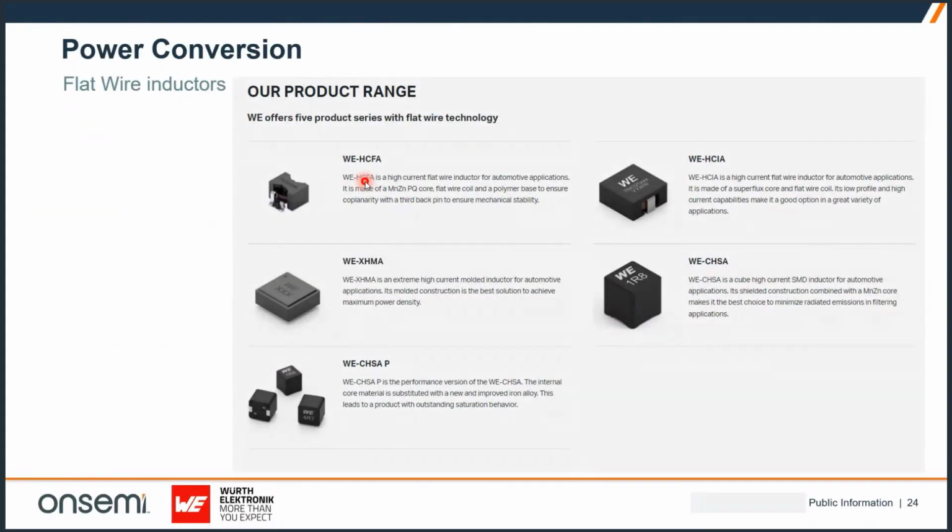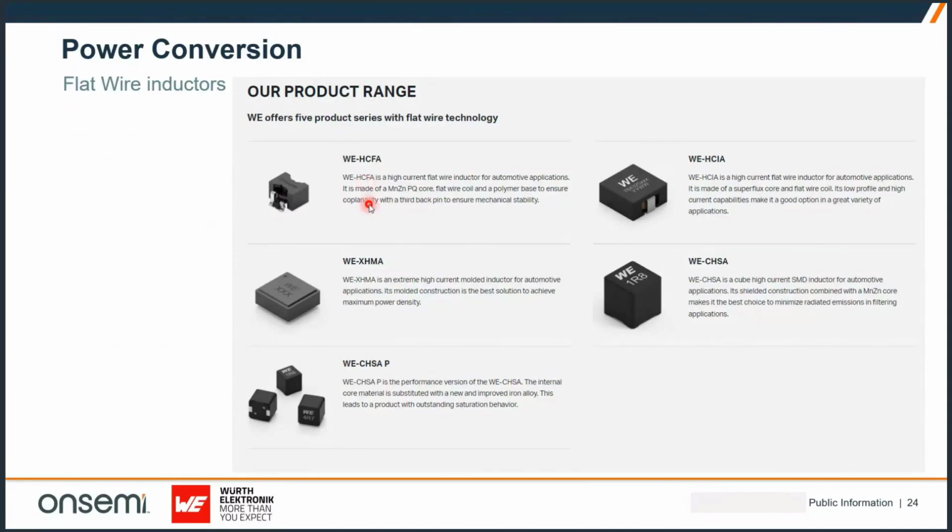For the power conversion, since we were talking also about the 48-volt systems and the need of higher switching frequencies, we have newly in the product portfolio the flat wire inductors. So we have introduced the flat wire inductors into the portfolio because they offer a very good behavior when talking about higher switching frequency using silicon carbide or gallium nitride applications.